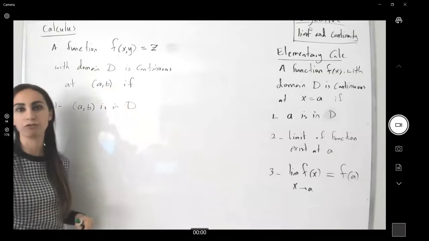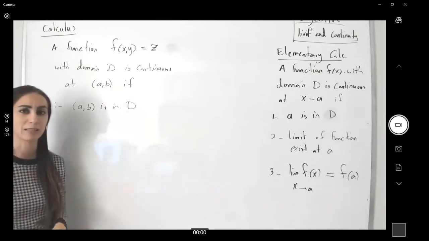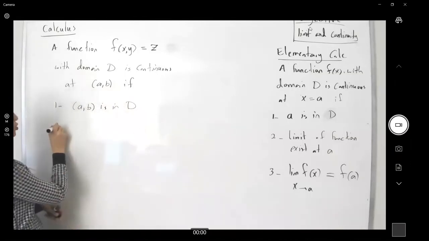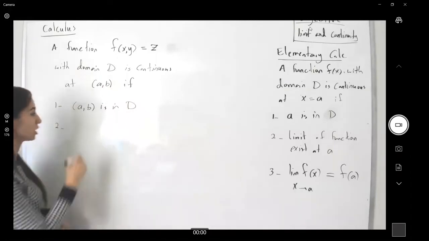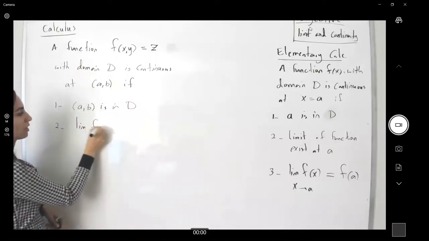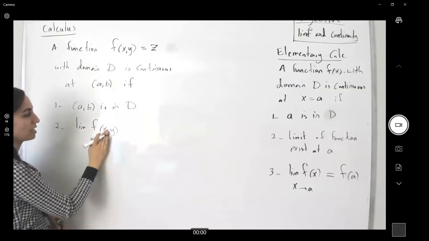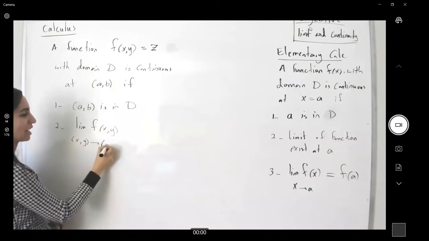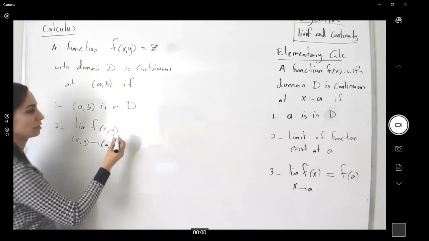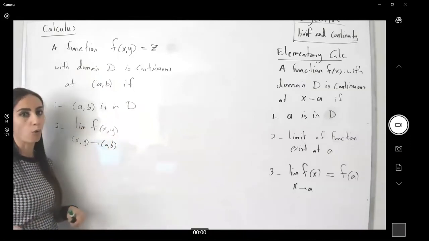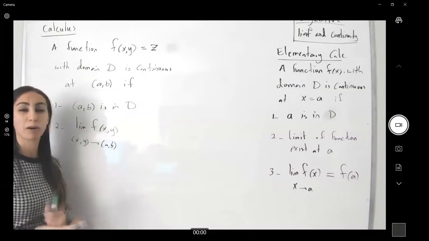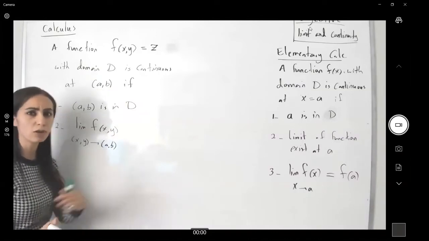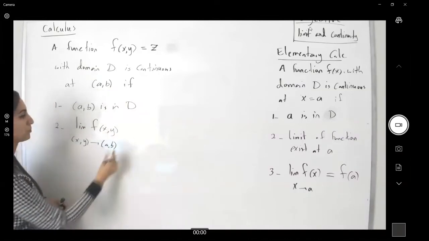So first you have to find the domain and check to see if that point belongs to the domain. Two, the limit of the function f of x and y as we approach A and B exists, whether using paths, parametrization, or the squeeze theorem, it doesn't matter which one.